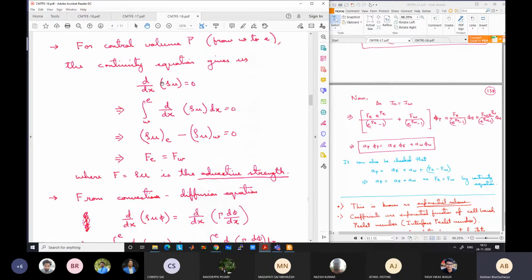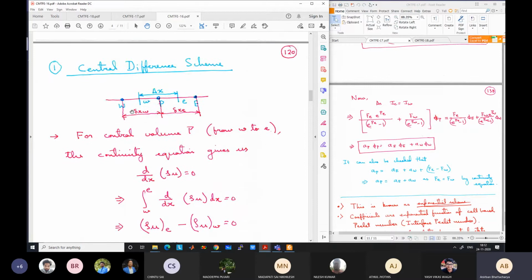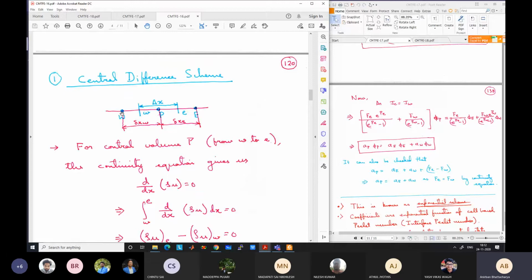If I give you a summary in one line of the central difference scheme, it is that the interface convective terms are interpolated as the mean of the grid point values.